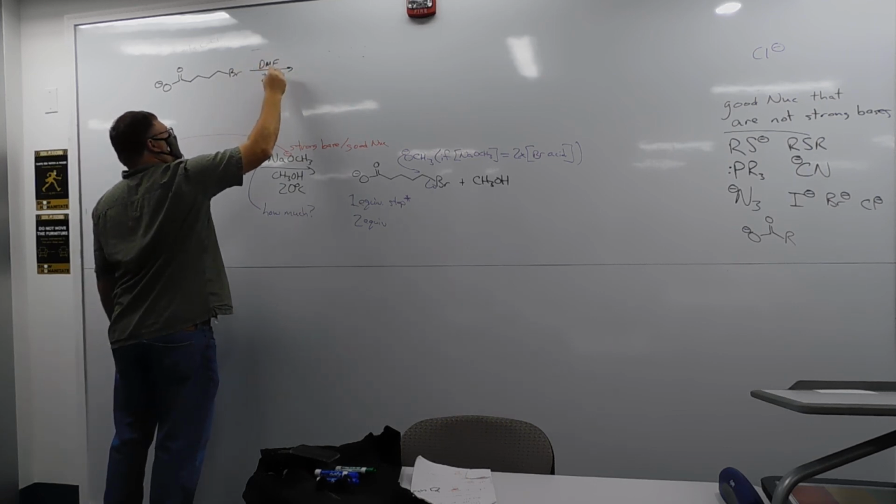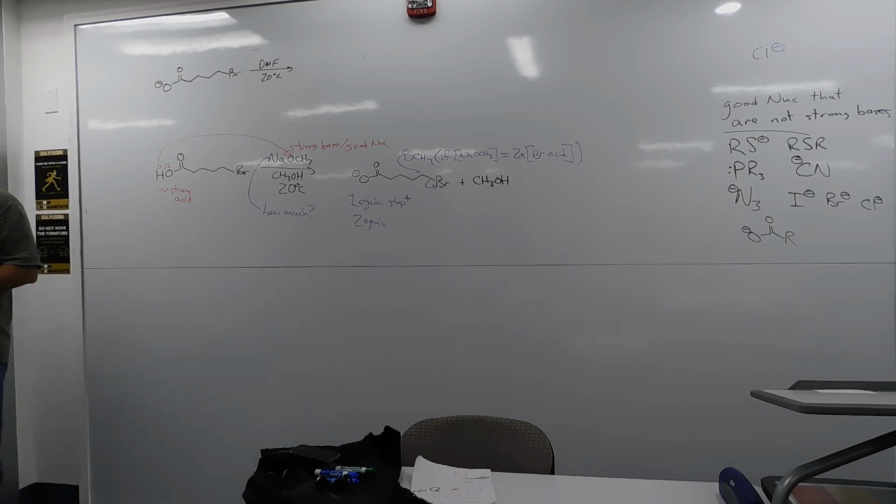Let's say that I've got a 1-to-1 ratio of methoxide to bromo acid.